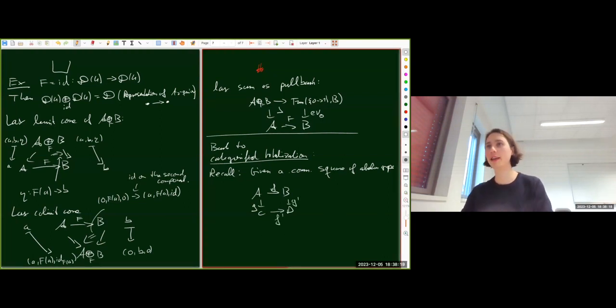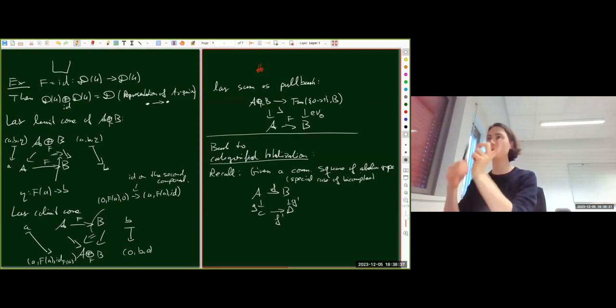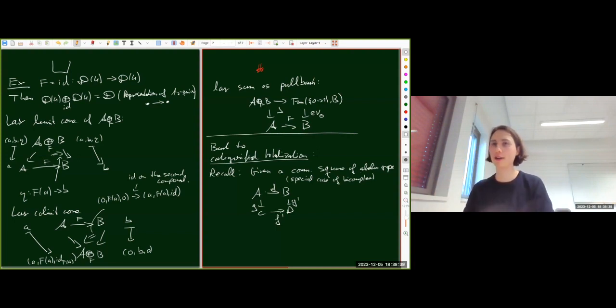And such a square of abelian groups is actually a special case of a bicomplex. So that's a chain complex in two directions, right? Here all horizontal morphisms, if you compose any two horizontal morphisms, you get 0 because there's only really one. Okay. So how do you totalize? Its totalization is the chain complex.